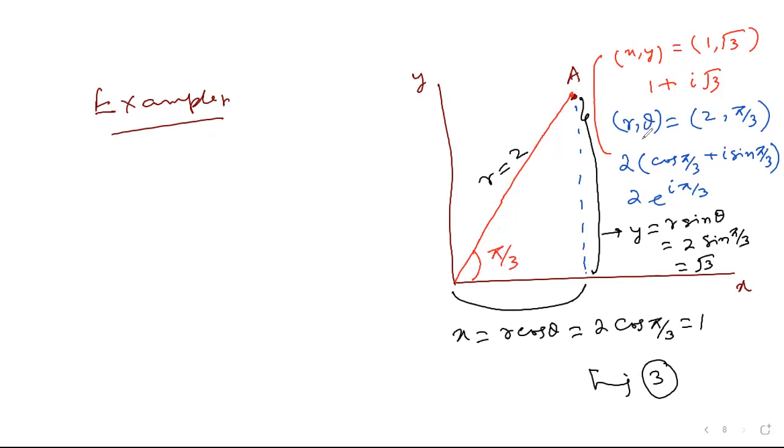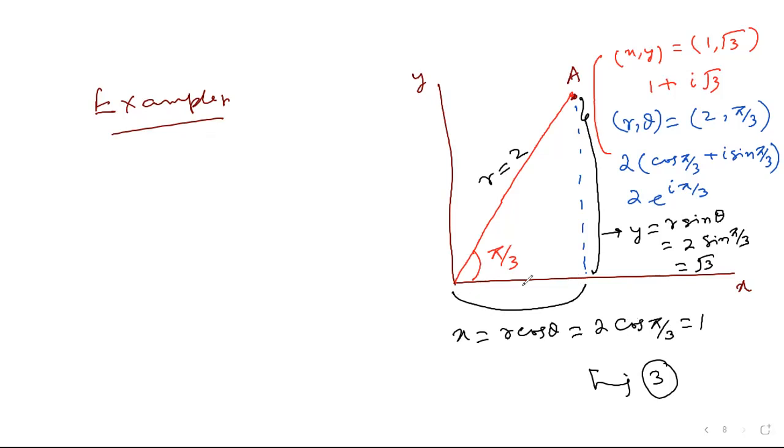So the x coordinate of this point will be r cos theta, which is 2 cos pi by 3, which is 1, right?